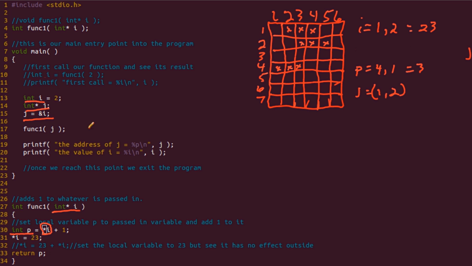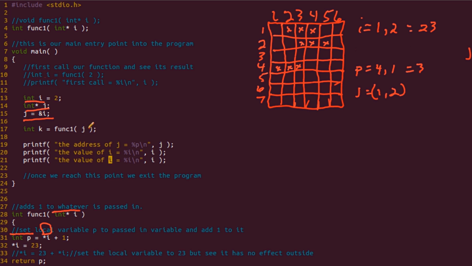So one of the things that I want to change here is I want to come up here to where we call J, and we're going to actually set a new variable here, int k equals. What I want to do is I want to add K, and we're going to tell it to tell us what K is.